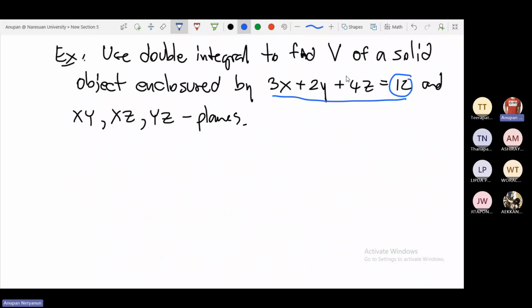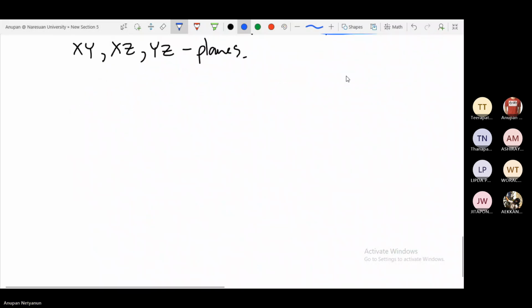Okay. Now let me draw a picture for you, which is this. You're gonna have the intersection on the z axis, y, x. The intersection to the z axis is, this one is 3.